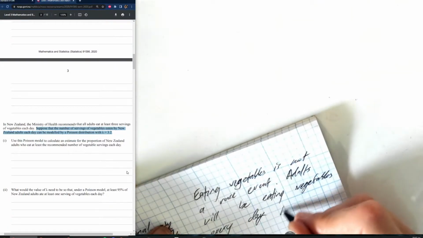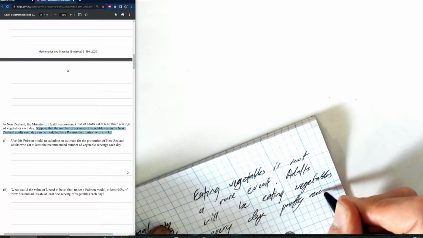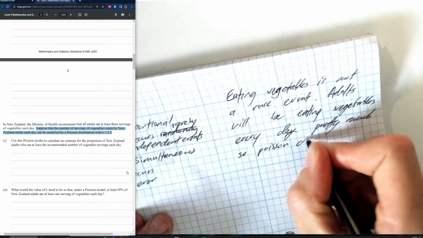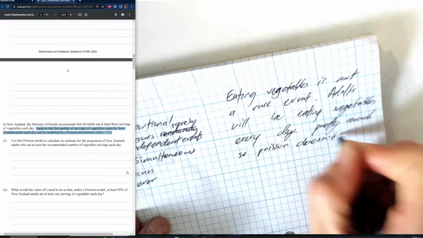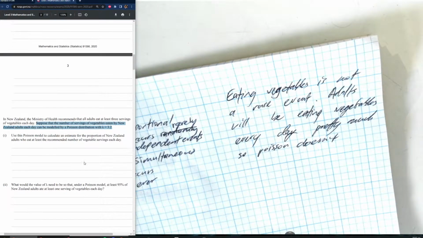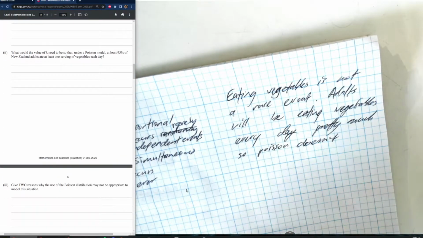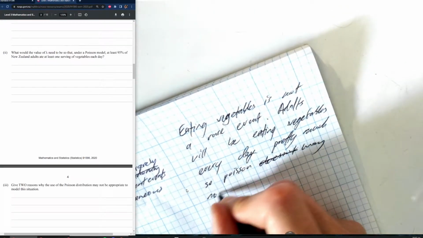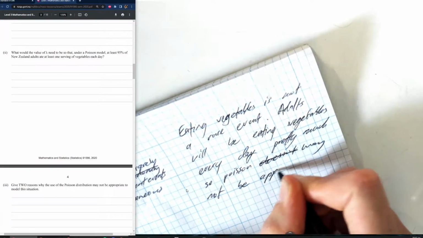Pretty much. So Poisson doesn't... What are we actually arguing? May not be appropriate. So Poisson may not be appropriate.